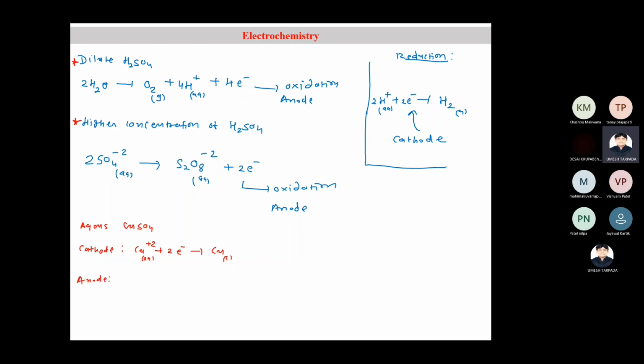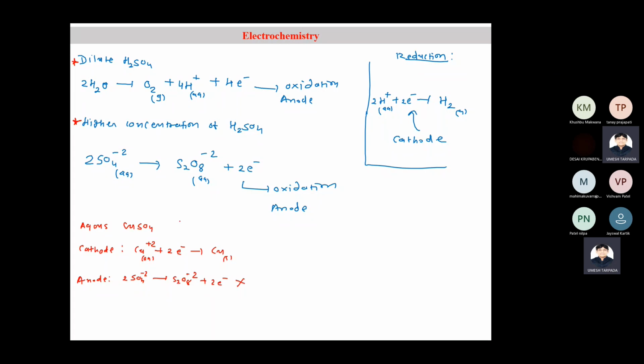At anode, SO4 minus 2 being oxidized is not possible. It's not possible, and instead SO4 minus 2 remains as it is.